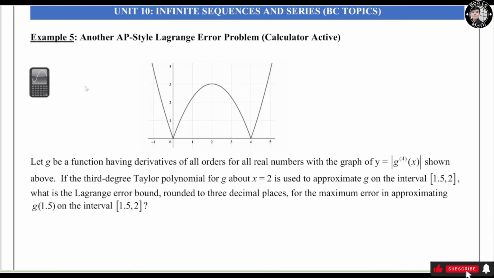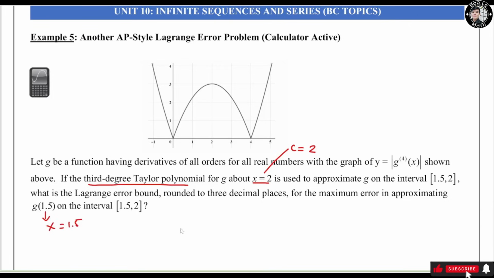It's going to be exactly the same thing as example number 4. This one is the third degree Taylor polynomial about s equals 2, so this is c equals 2. And then g of 1.5, so s equals 1.5.